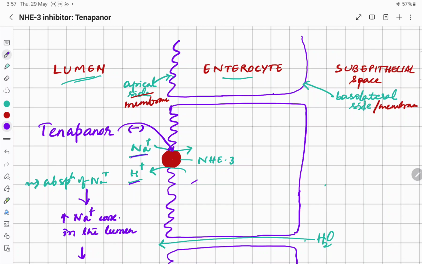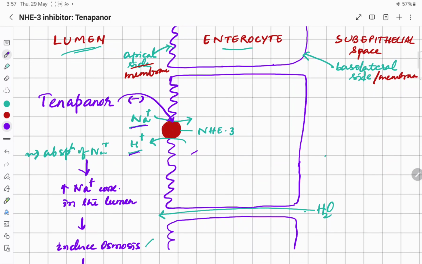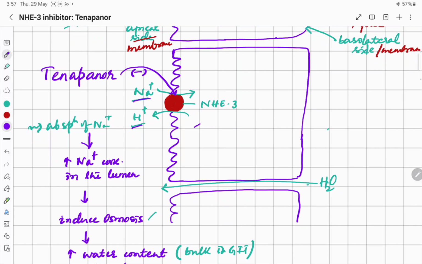So by doing that, it inhibits the absorption of sodium, and in this way the sodium concentration in the lumen increases. And when the sodium concentration in the lumen increases, that induces osmosis. Because we know in osmosis there is flow of solvent from low concentration to high concentration.